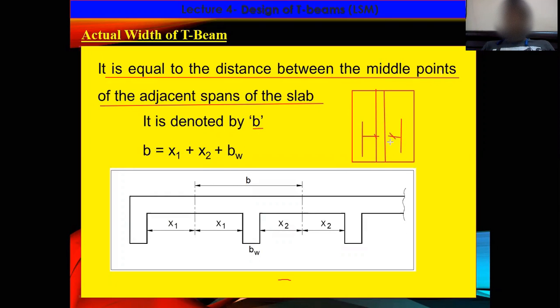So this total will act as a single member, that we call the effective width of the flange. We will discuss all these things.